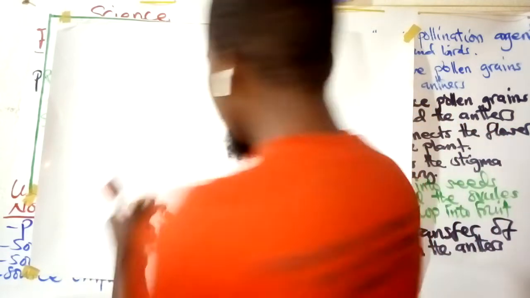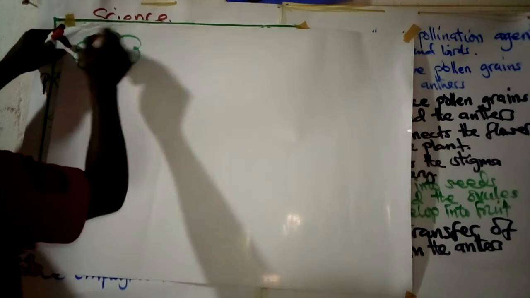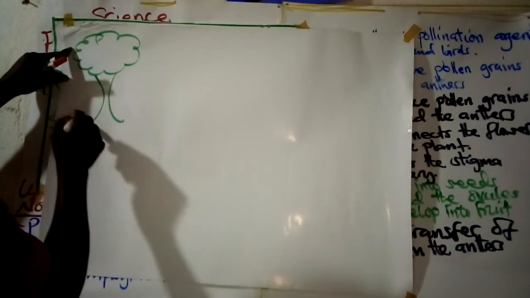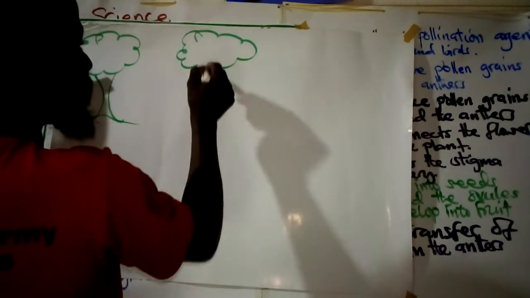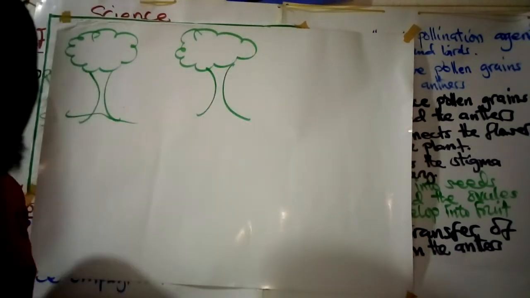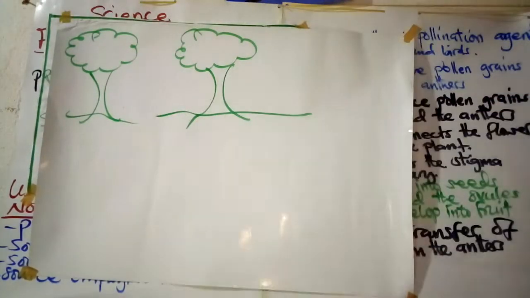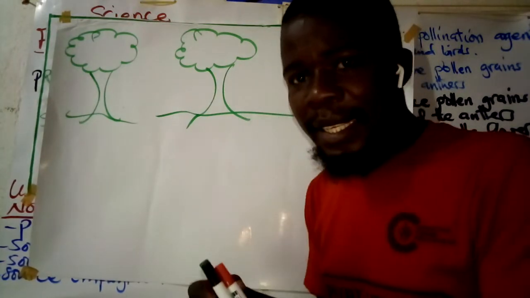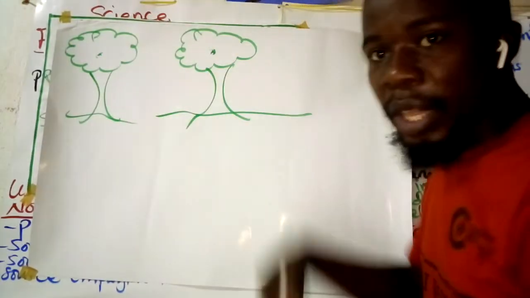What we mean is, we may have a tree here, another tree here. So we may have a flower here and another flower on this tree.